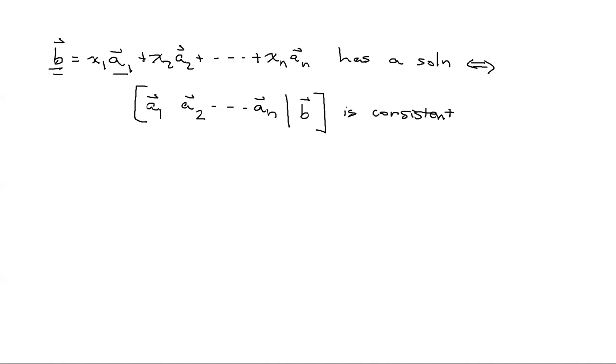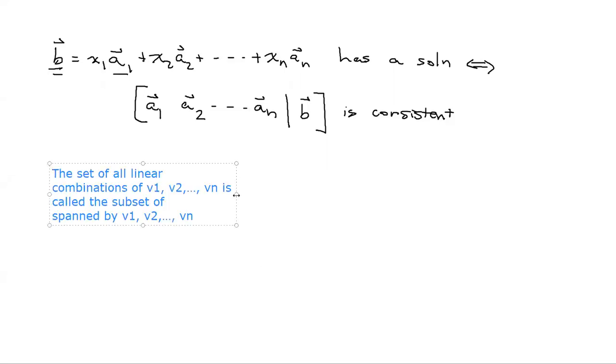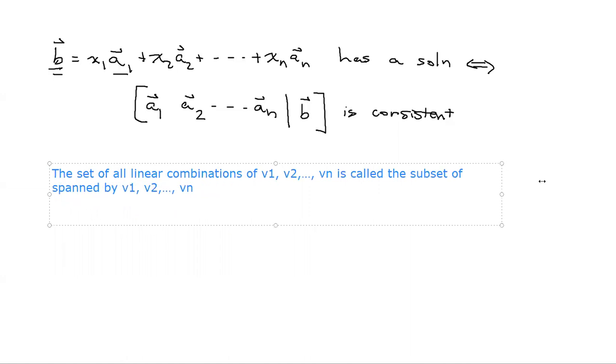So really, our question about linear combinations is just a question about reduced row echelon form and consistent linear equations in disguise. The last thing I want to mention is that the set of all linear combinations has a special name. The set of all linear combinations of a set of vectors is called the span.